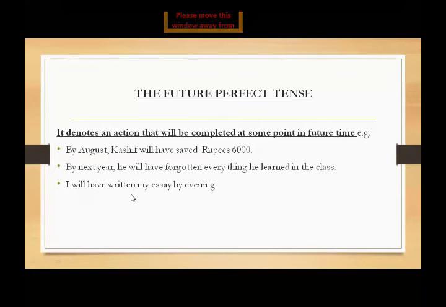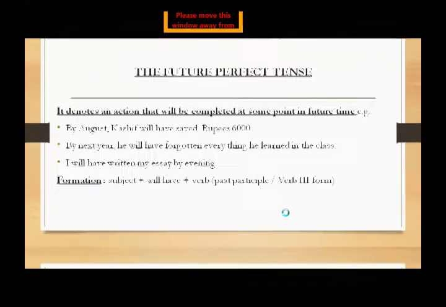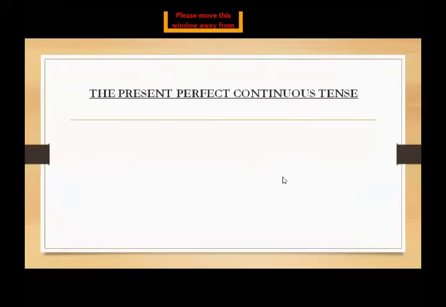By evening I will have finished, I will have written my essay. The formation is subject plus will have plus verb past participle, meaning the third form of the verb. I hope you have understood. Okay, then the present perfect continuous tense.